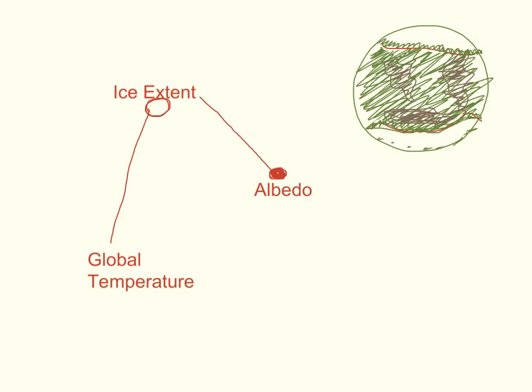So we're going to draw a connection between albedo and global temperature, and let's recall what direction this coupling works in. If I decrease albedo, that's going to increase the global temperature. If we were to increase albedo, that will decrease the global temperature. So it's a negative coupling. We'll again represent that by a filled circle.